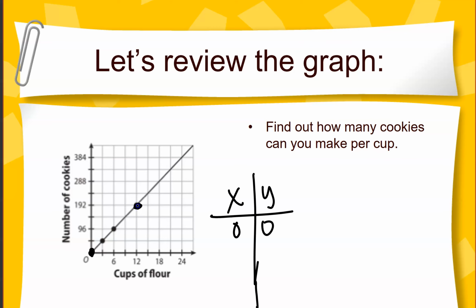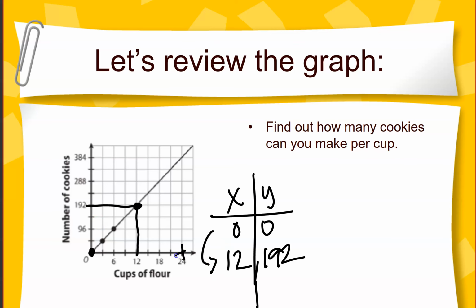And right here, the x for this point is 12, and the y for this point is 192. Again, you are selecting perfect points that are at the corner of a square.